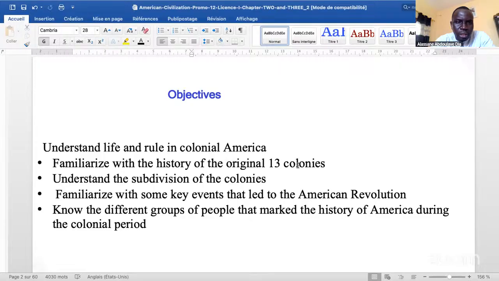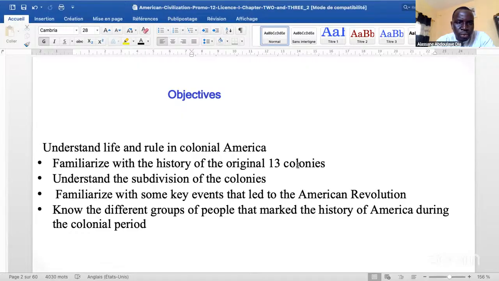You need to know the way of life, the mode of government, the rule, and what characterized these colonies and how they were organized.